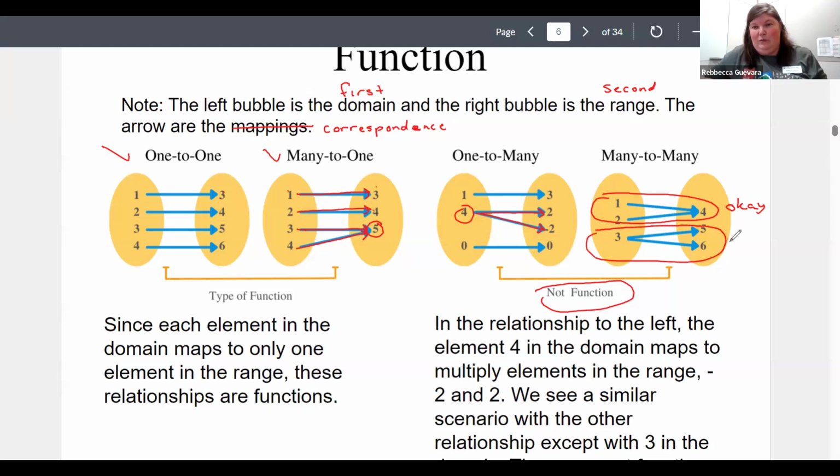This here is bad, very bad. This makes it not a function, if 1 number goes to 2 numbers. Since each element in the domain maps to only one element in the range, these are functions. In the relationship to the left, the element 4 goes to multiple numbers, which is a problem and makes it not a function. We see a similar scenario over here with that 3. It also goes to 2 different numbers, making it not a function.